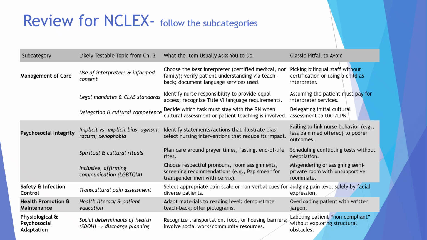Then the subcategory psychological and psychosocial adaptation. It's likely from social determinants of health, SDOH, which we talked about in the outlines. For discharge planning, recognize transportation, food, and housing barriers, and involve social work and community resources. Avoid labeling a patient not compliant without exploring structural obstacles.